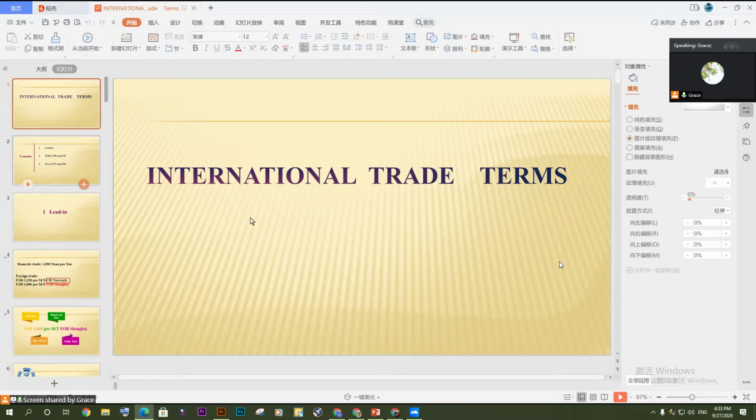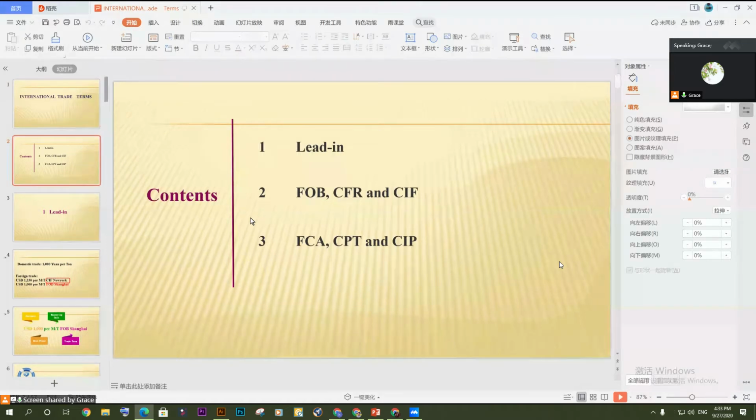About the international trade terms, I just want to share something like this. Number 1 is leading about the international trade terms, and number 2 and number 3 are the others.